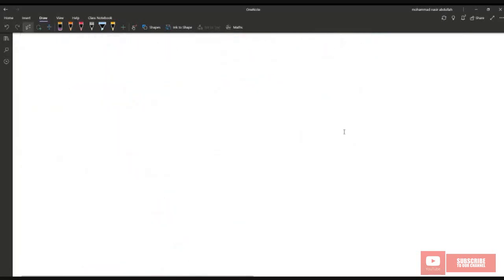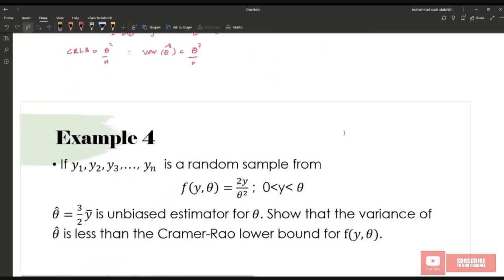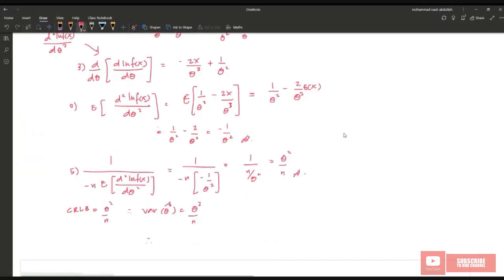So we can say that since the Cramér-Rao lower bound is equal to the variance of theta hat, which is theta squared over n, theta hat is the minimum variance unbiased estimator for theta. And theta hat is x bar, which is also equal to x over n.